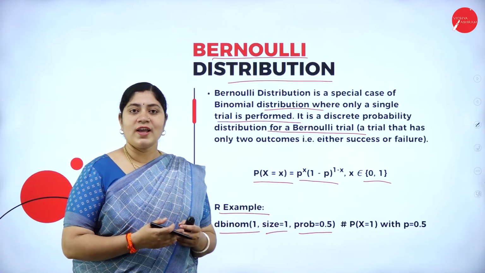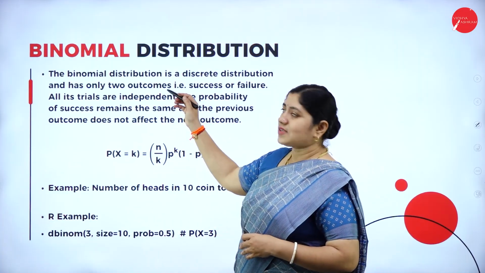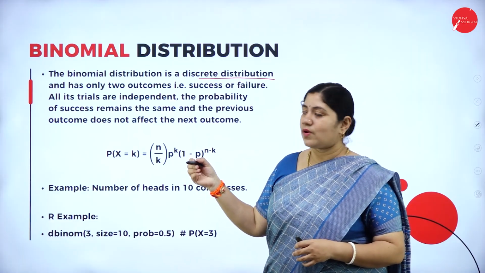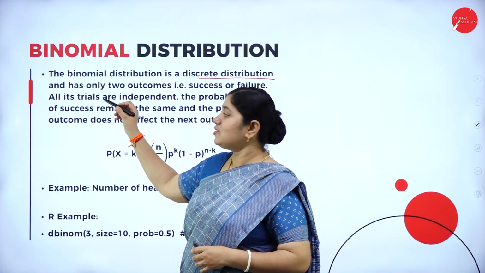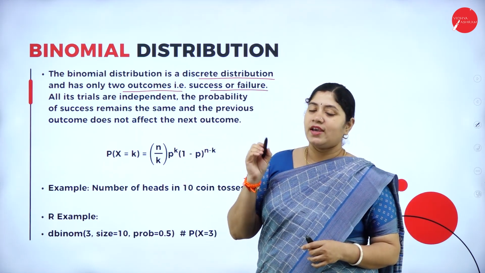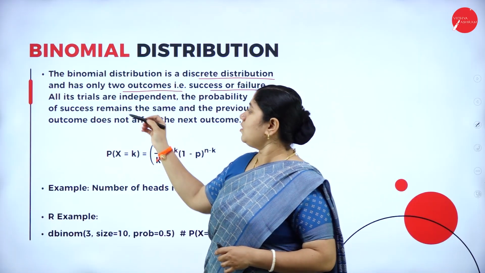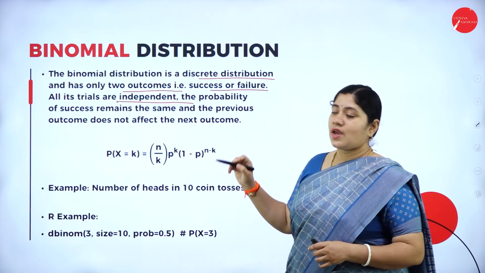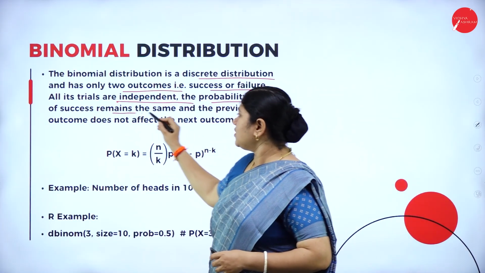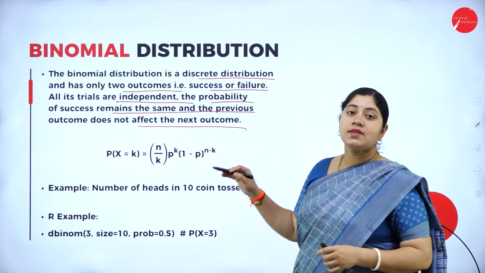Now let's move forward and understand what exactly binomial distribution is. So let's start here. Binomial distribution is a type of discrete distribution. Alright. So what is it? It has only two outcomes. So even here the outcome will be either a success or a failure. Now we can say all its trials are independent and the probability of success remains the same and the previous outcome does not affect the next outcome.